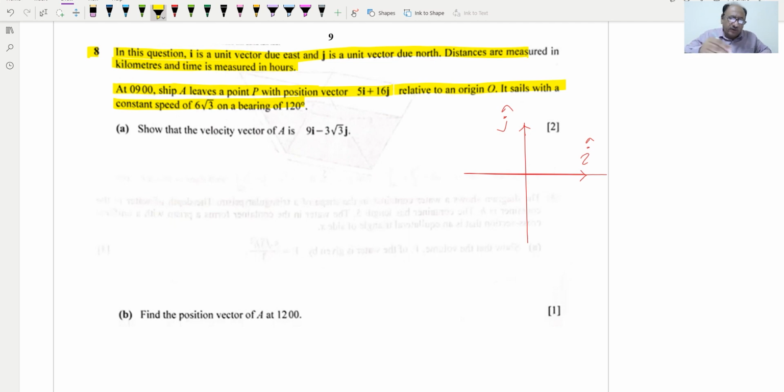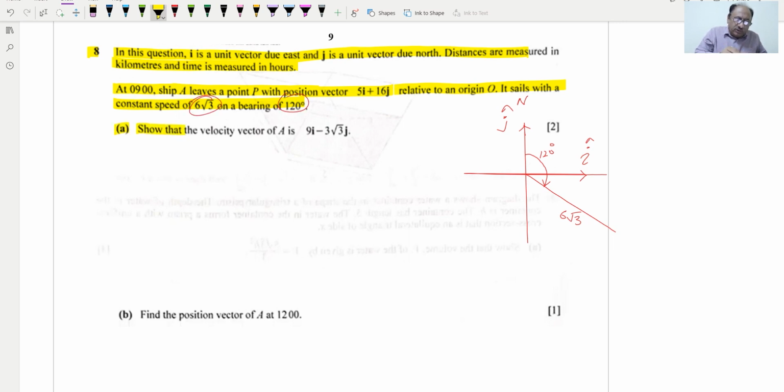So bearing of 120, we measure from north, so this will be the north side, and 90 plus 30 will be 120, so we can take this direction, and the bearing will be 120 degrees, and this is 6 root 3. This is what they have mentioned. Speed is this one, bearing 120.